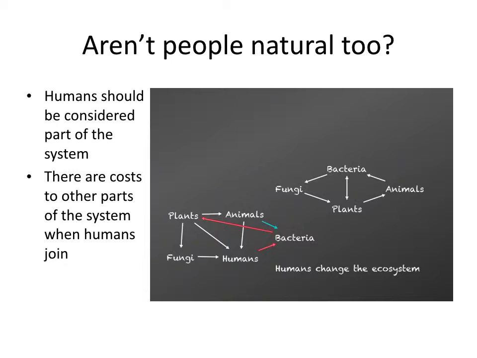And that then changes the species composition of the bacterial populations in that ecosystem. And that, in turn, changes the relationships of the bacteria with the fungi and with the plants and with the animals in the ecosystem. So we really can't escape having an impact on any ecosystem in which we are present or in which we act in any way.